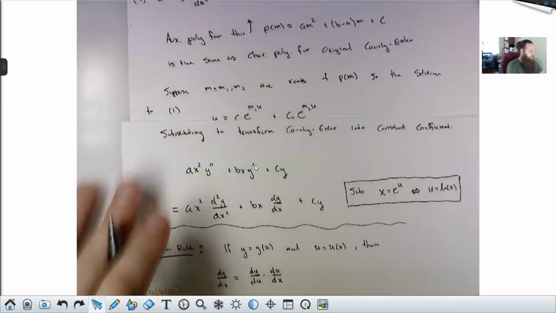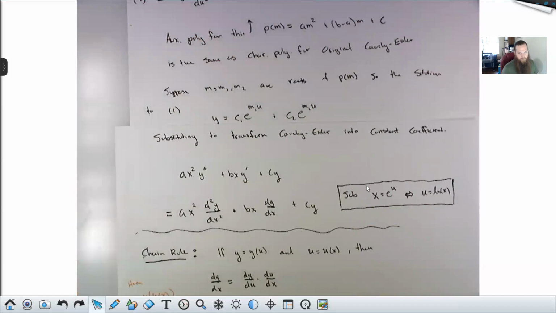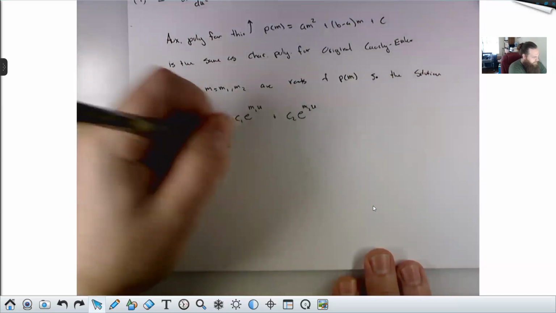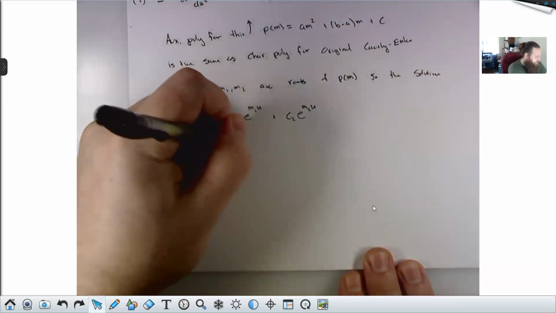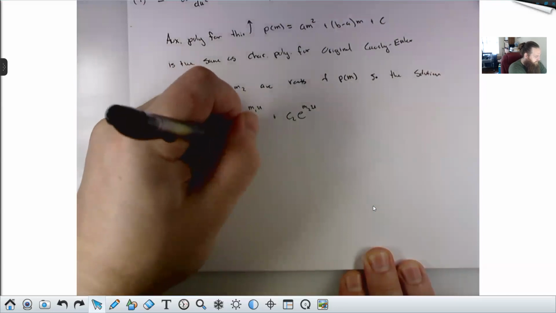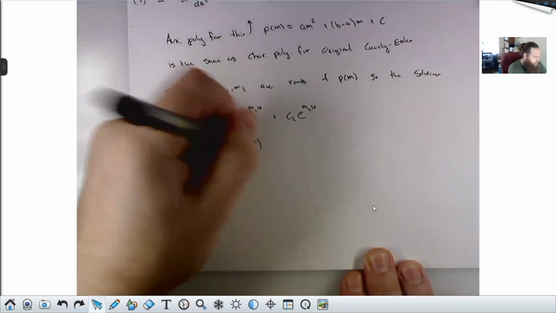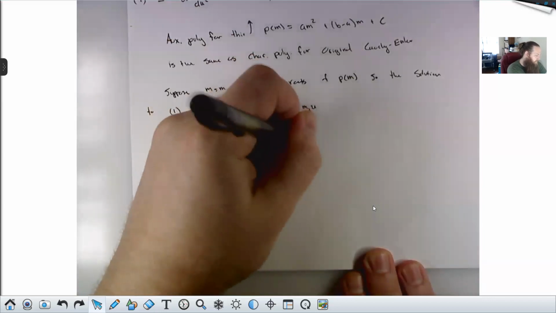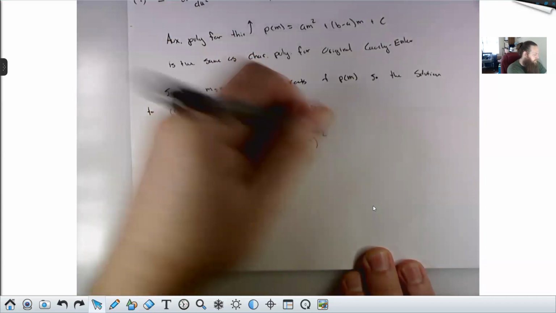So remember what we said earlier. I'm making this substitution, but really it's the same as this substitution. We use this to cook up our derivatives, but now when I go to write down my answer, I'll use this. So e to the u, that's x. And then here, just a little algebra trick, this is e to the u all to the m1 plus c2 e to the u all to the m2.